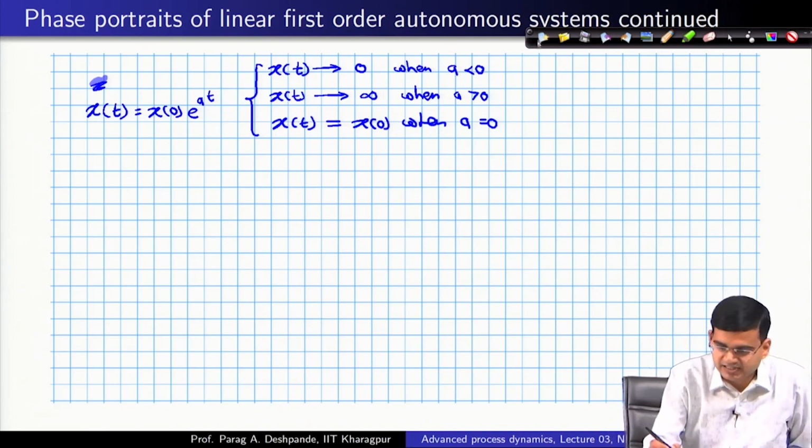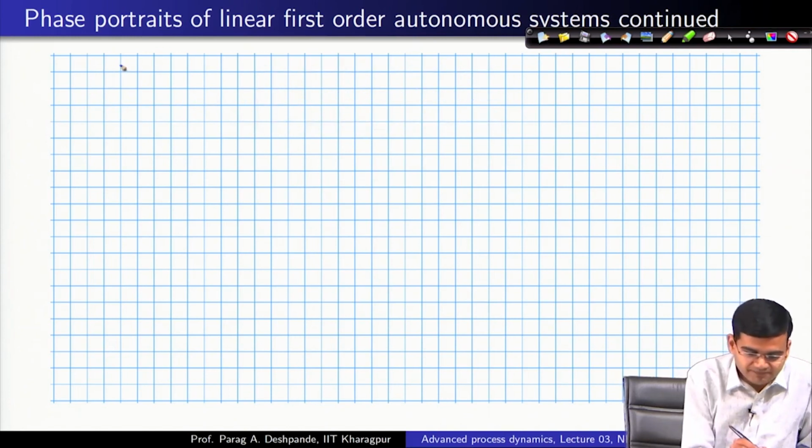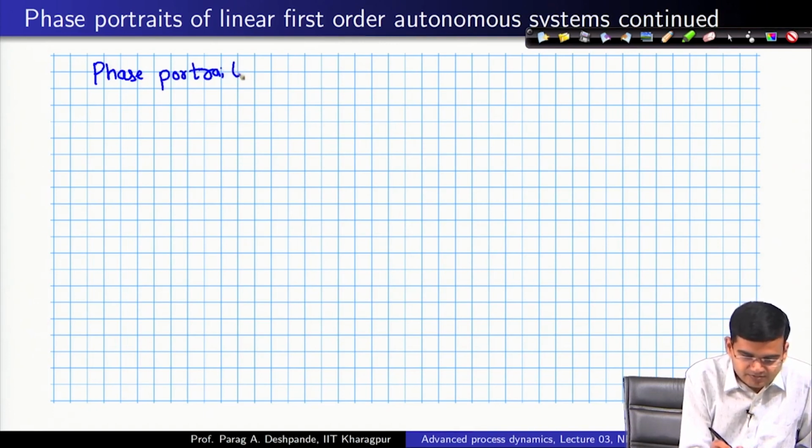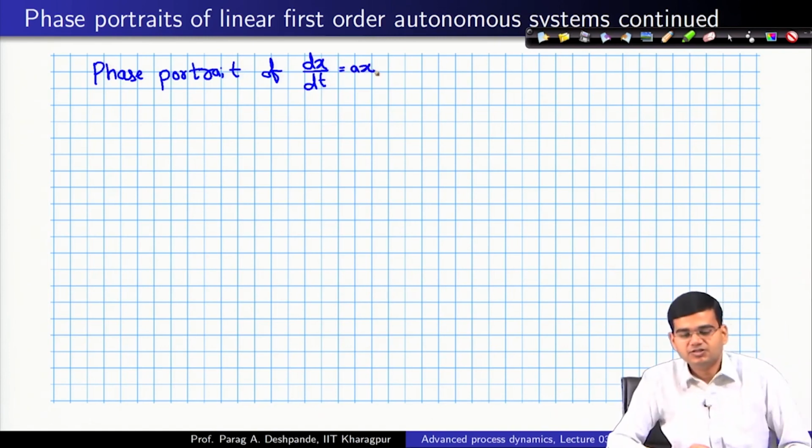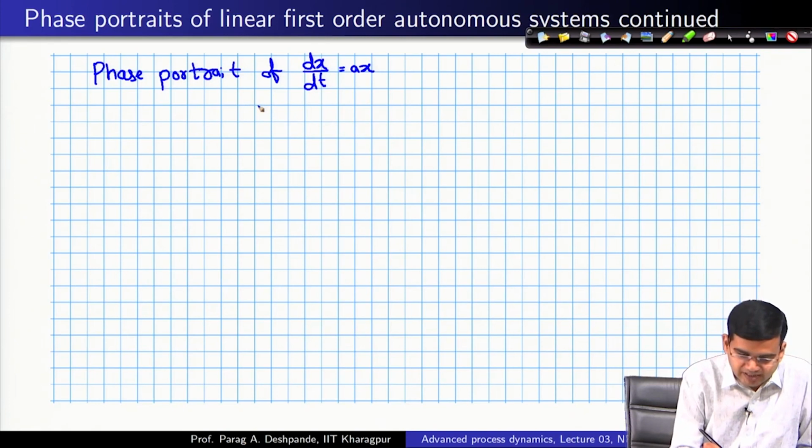The answer is yes, and that is what is called the phase portrait. So, phase portrait of dx by dt is equal to Ax. Okay. So, let me draw the axis first.